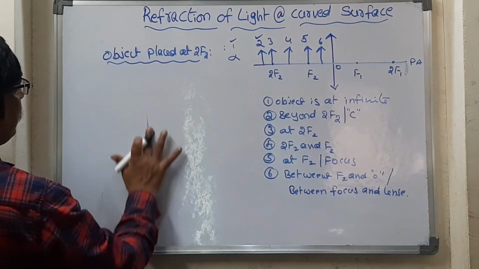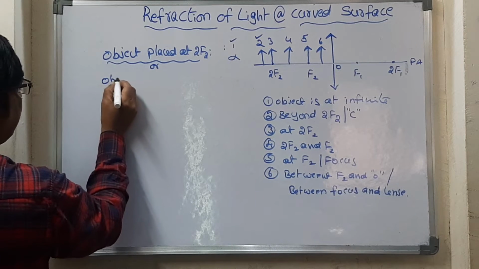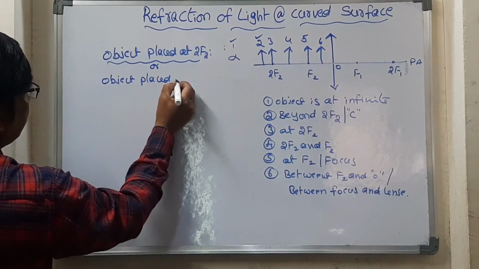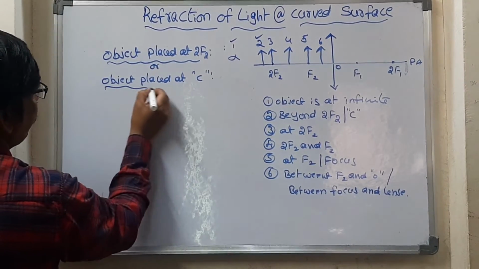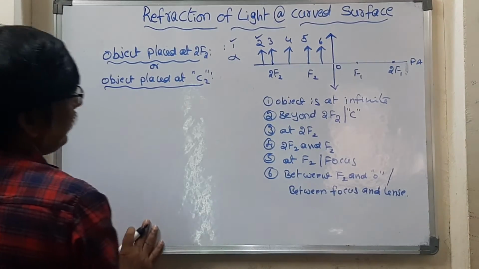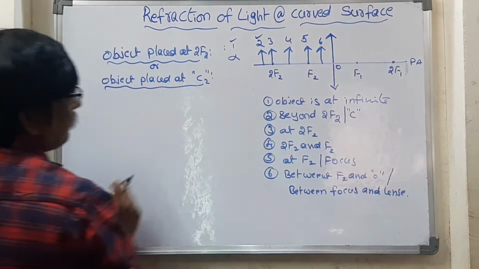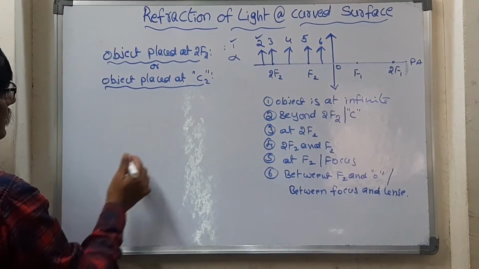Object is placed at 2f2. Otherwise also it will be asked, object placed at center of curvature, or simply we can say C2. This one we can consider as C2 and this one we can consider as C1. Object placed at center of curvature, like that also the question will be asked.